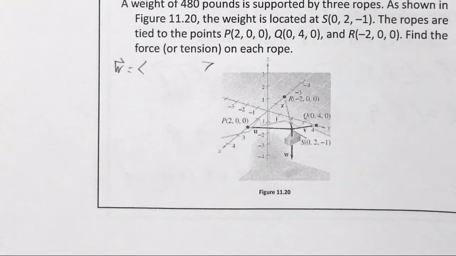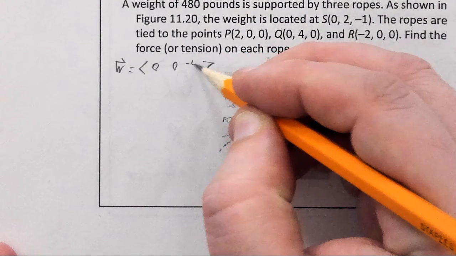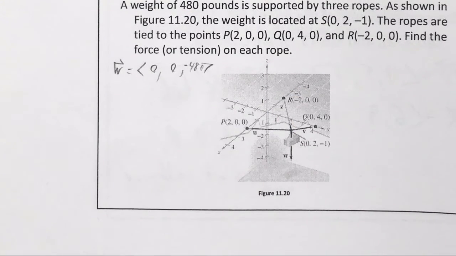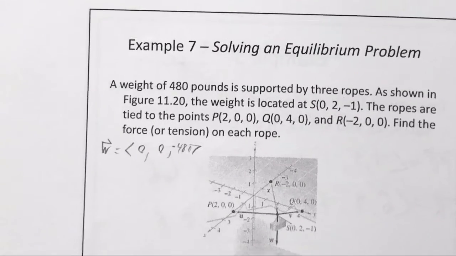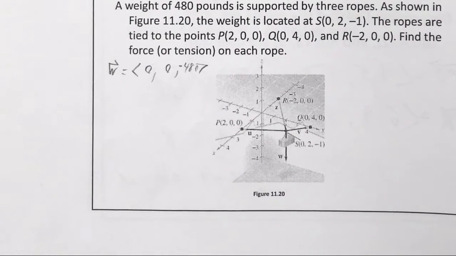How do you represent that? Well, if gravity's going straight down, yeah, 0, 0, and -480, because it's 480 pounds, and it's going straight down.